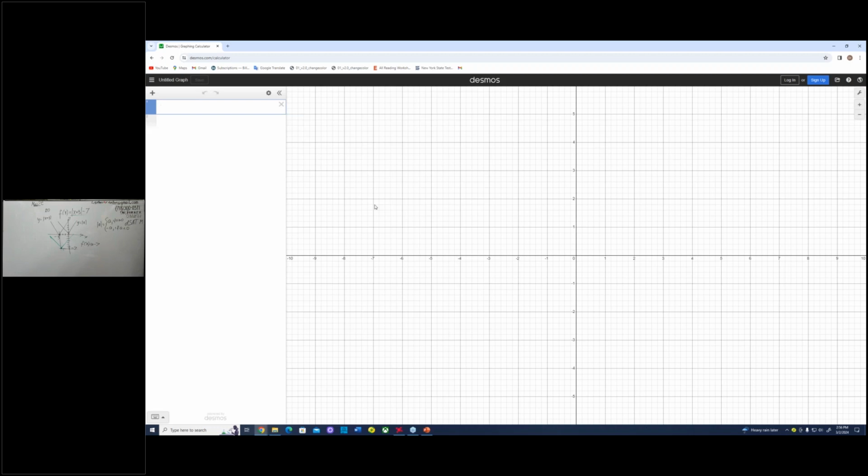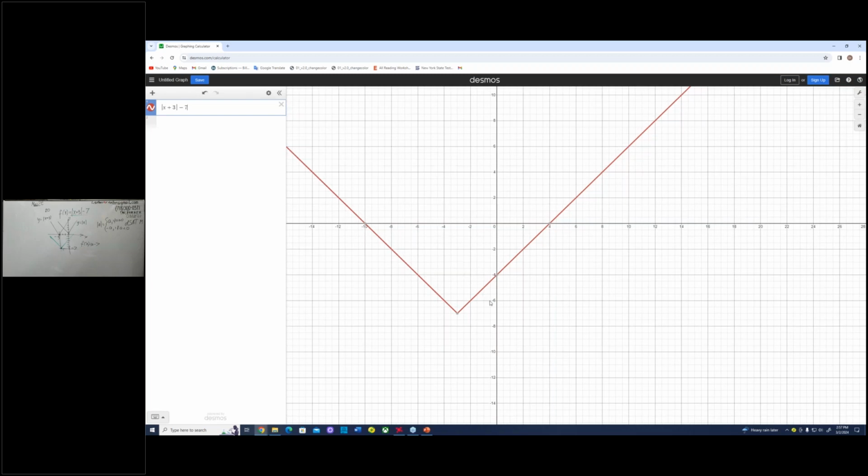Absolute value of x plus 3, minus 7. This is the same graph.